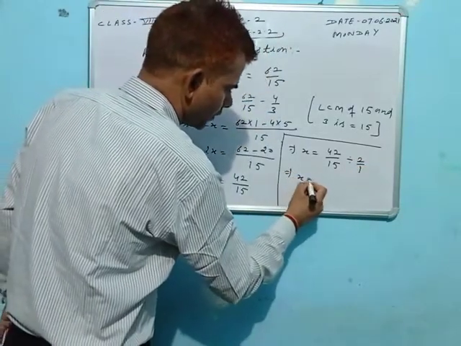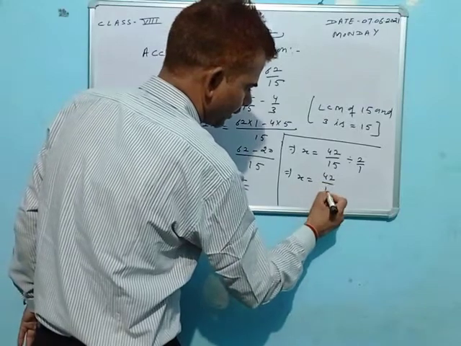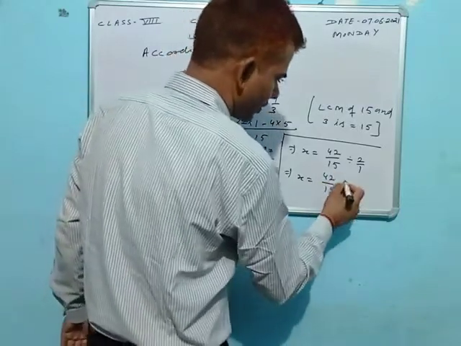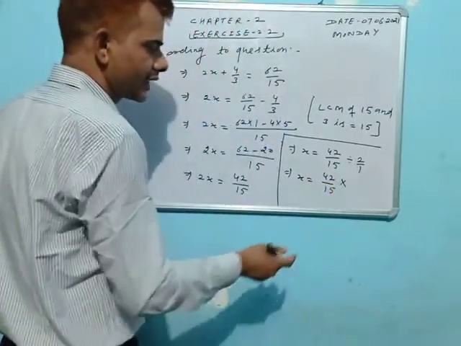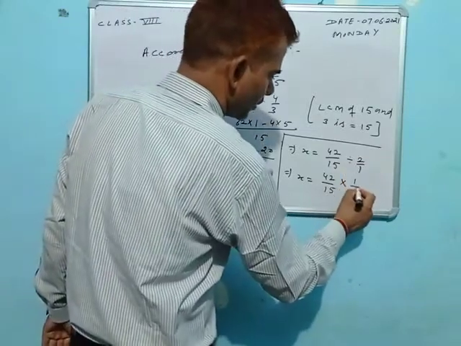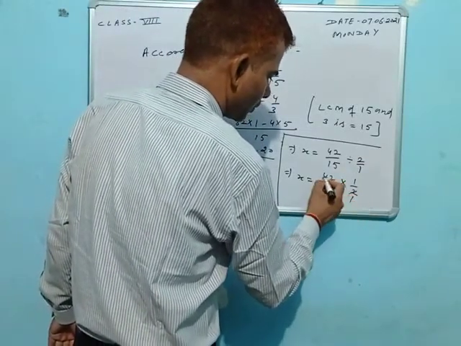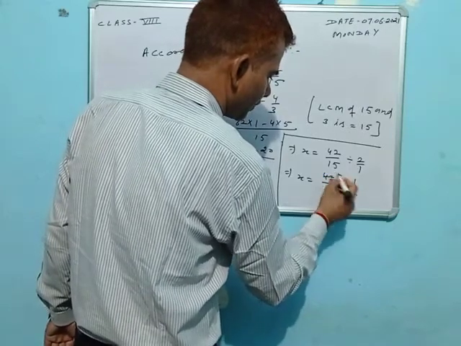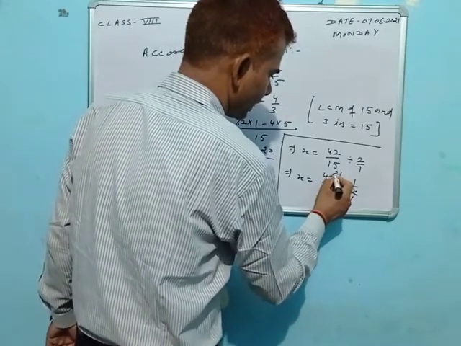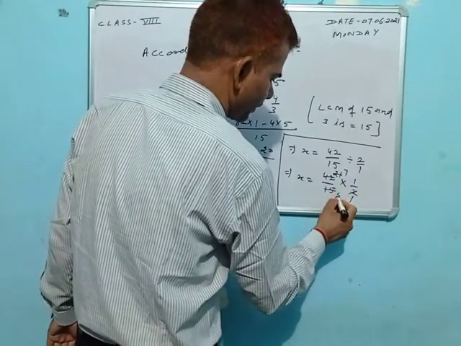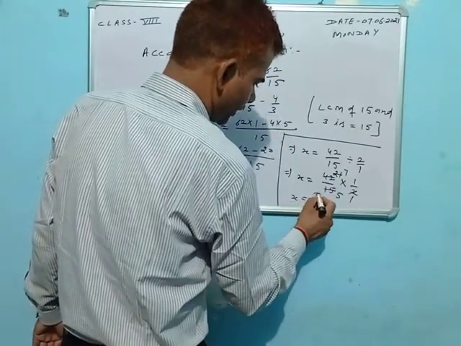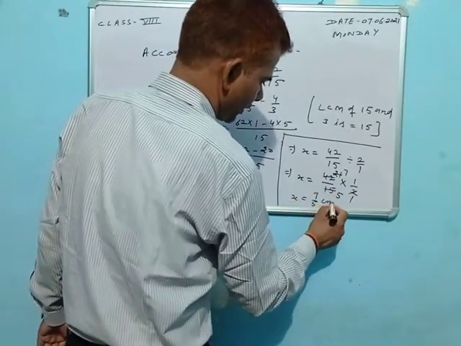The divide sign changes into a multiply sign, and it will become the reciprocal, that is 1 by 2. Now student, 2 ones are 2, 2 twos are 4, 2 ones are 2, 3 sevens are 21, 3 fives are 15. x is equal to 7 by 5 centimeter.